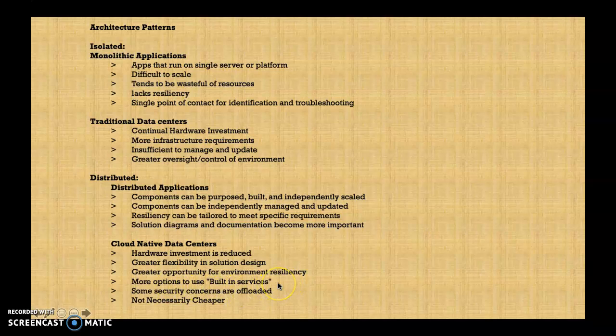They make interactive services, or you might get interested in some services they have crafted for the common population, and that is provided and managed by them as a cloud provider. Some security concerns are offloaded.